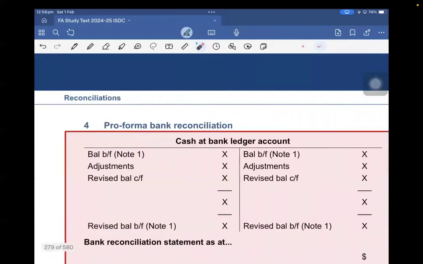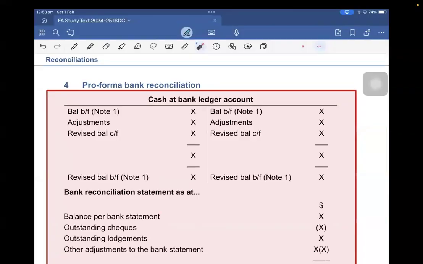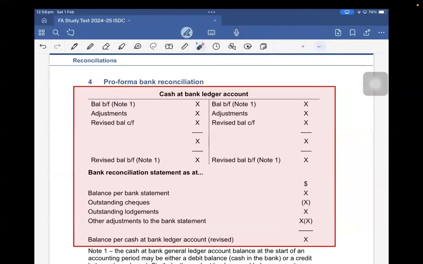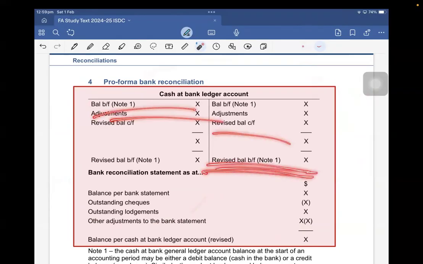Understood? Now, when the class is finished, you have to write down this pro forma format first. The answer is just simple. You will be given a balance brought forward, and you need to make adjustments to the account in order to reach the revised balance.